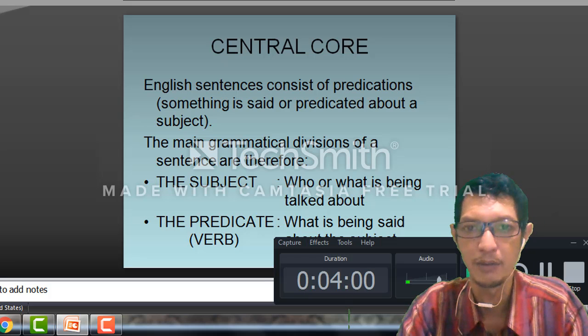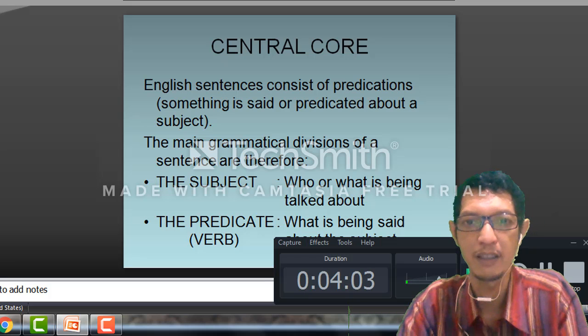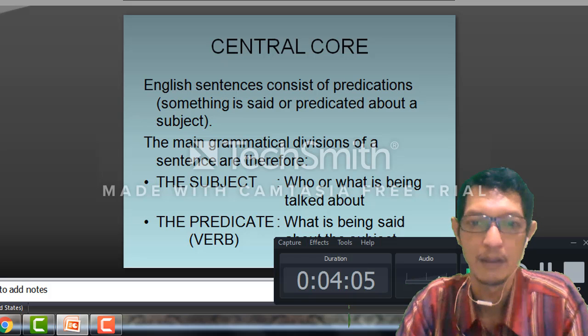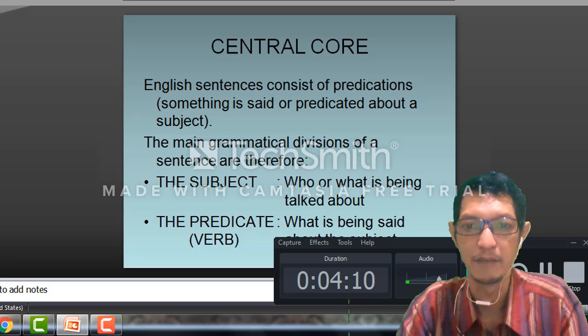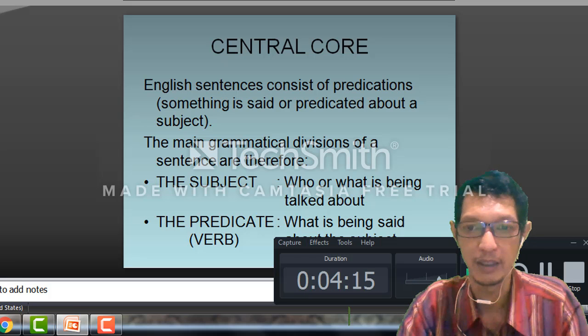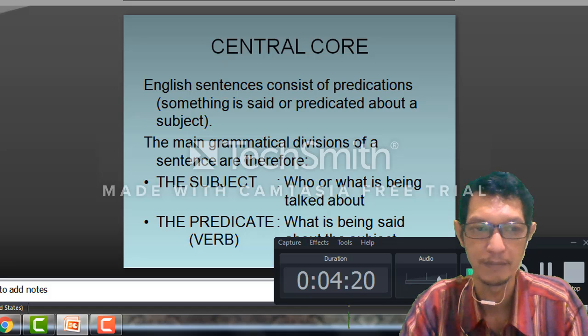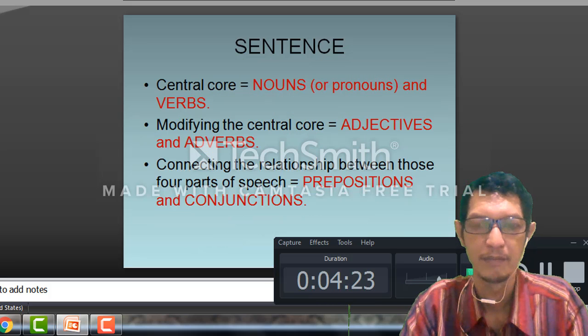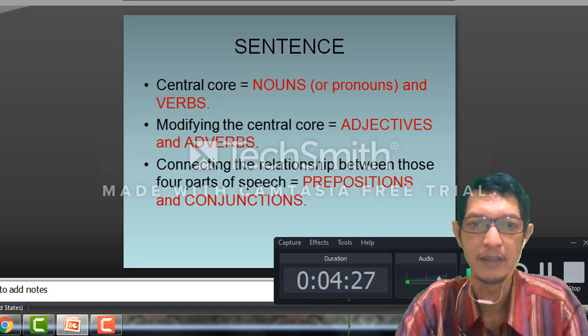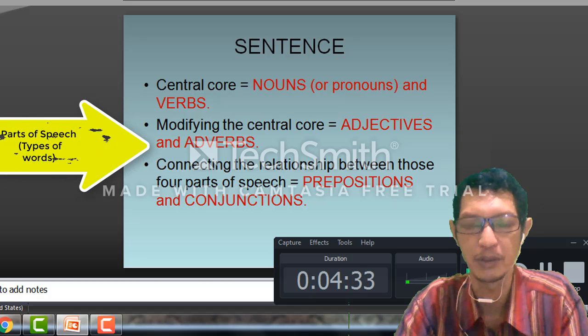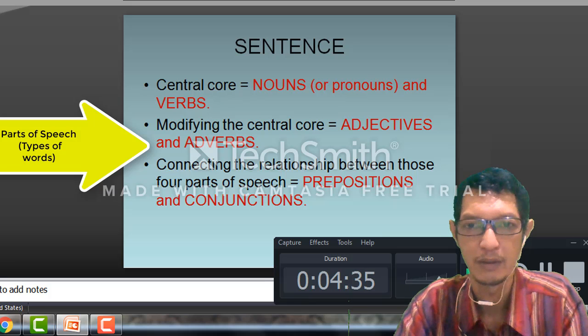Okay, we go to the next slide. Central core. I told you before that the central core of an English sentence is subject and predicate. The subject is defined as who or what is being talked about, and the predicate is what is being said about the subject. In making a sentence, even a simple sentence, we have to involve many parts of speech, or many types of words.